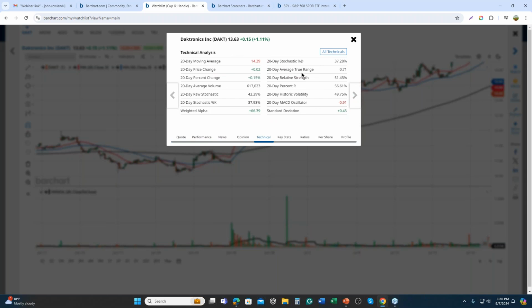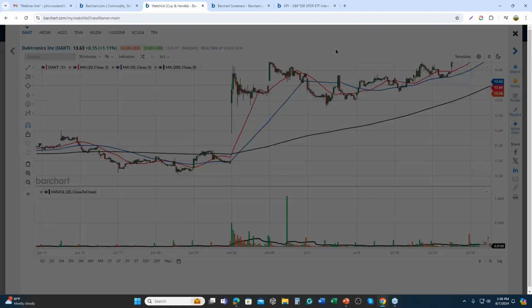And here's a 20-day average true range for Daktronics. You can see that it's about 70 cents. So the general rule that I use is somewhere between 1.5 to 2 times my average true range would be a confirmation of a breakout. So 1.5 to 2 times would be somewhere between $1 and $1.40.